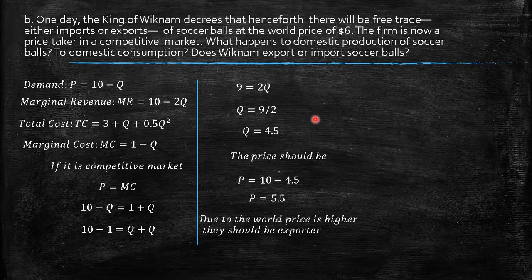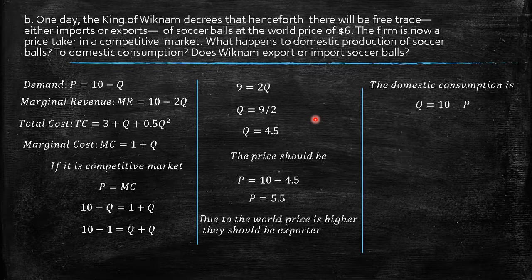Then due to the world price being higher, because it's 6, they should be an exporter because they are more competitive than the outside world. So the domestic consumption should be q equal to 10 minus p, where p is the world price, because now the price everywhere should be the same. Then 10 minus 6, and the quantity consumed is 4.